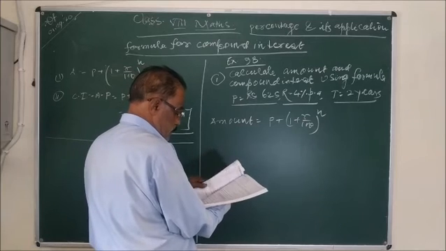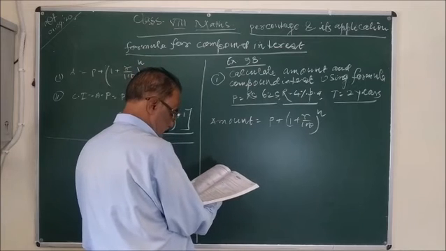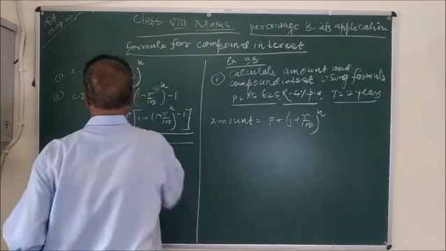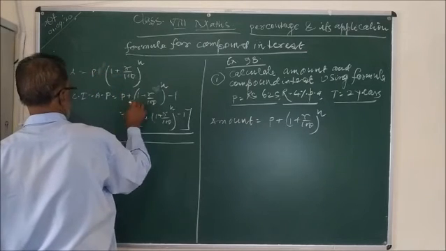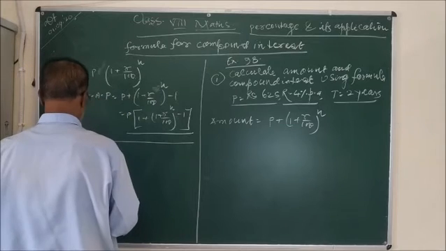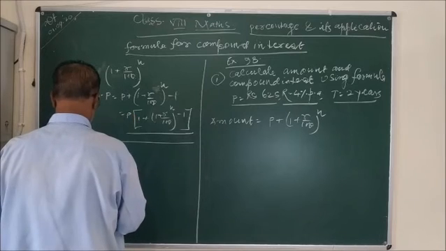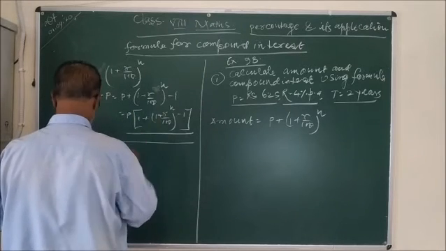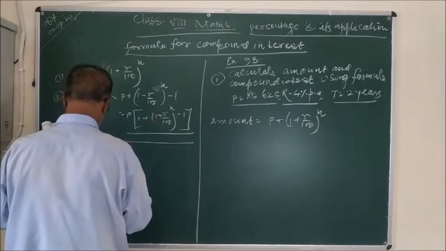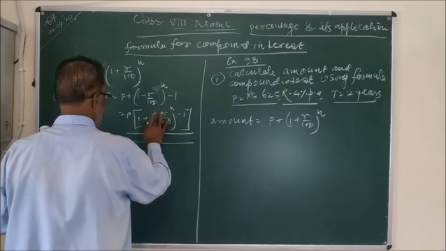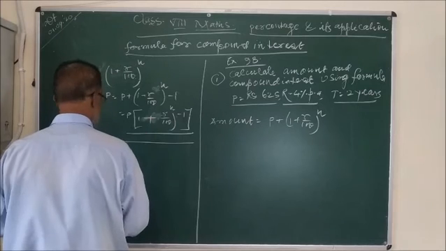Now you see the compound interest formula. The amount is A, and this is P, and the compound interest will be A minus P. So this will be P times 1 plus R by 100 power n, minus 1.